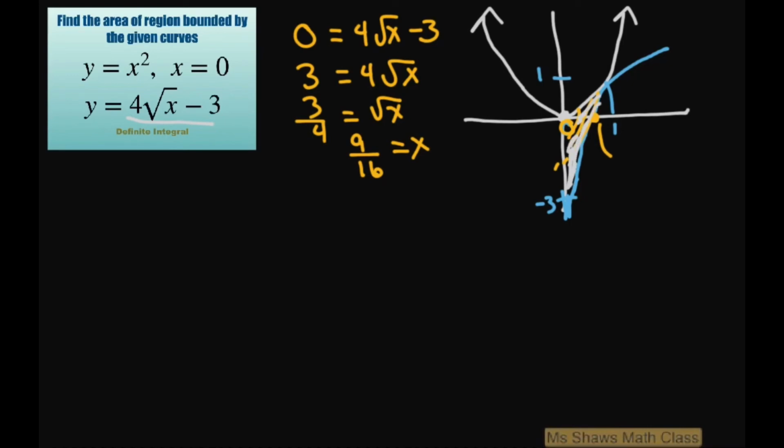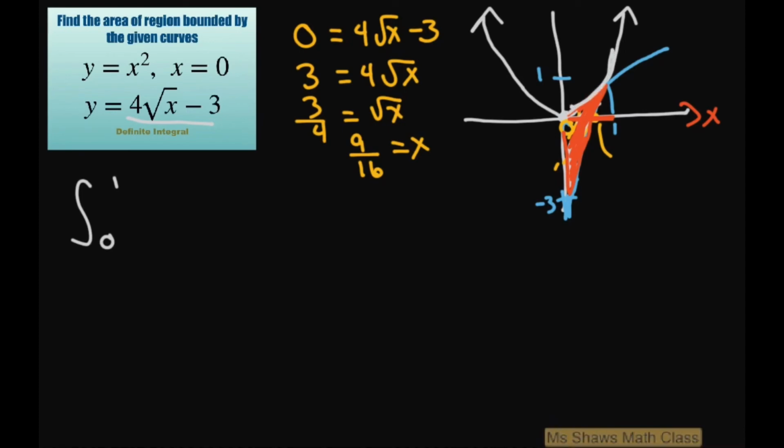From 0 to 1, you set it up from 0 to 1, and since we're integrating with respect to x, we're going from top to bottom. So for this shaded region in here, the upper bound is your x squared.